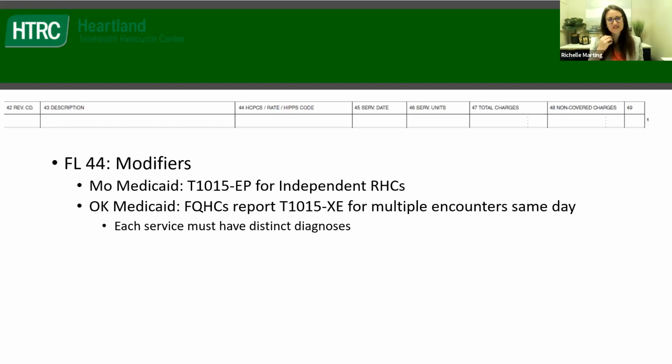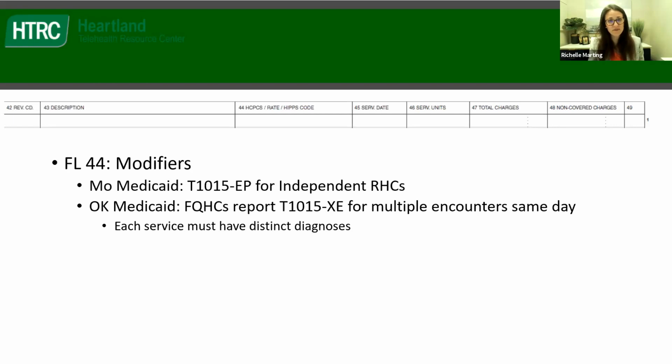Several years ago, Medicare expanded modifier 59 into 4 X modifiers: XE, XP, XS, XU, I believe, to describe different, distinct and separate services. So Oklahoma Medicaid is utilizing one of those more specific modifier 59 modifiers in that example.